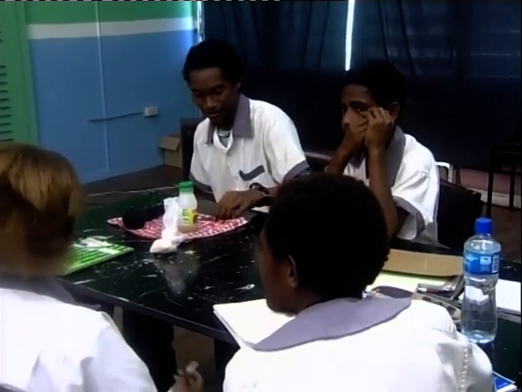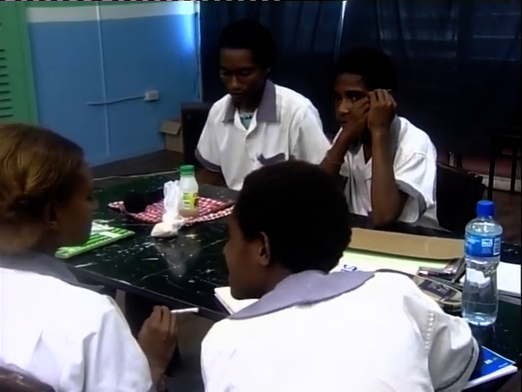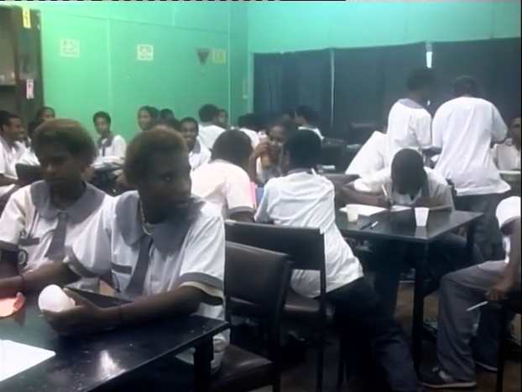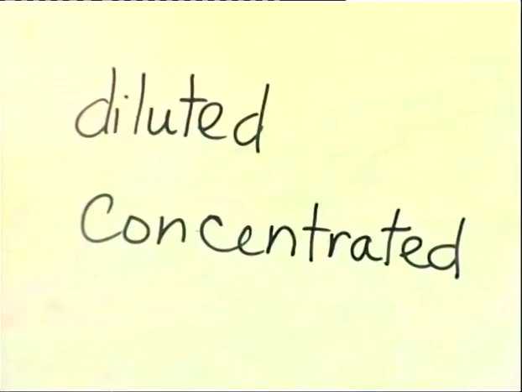All right, good. And two important words that we need to know and learn in today's lesson from the juice that we have made: concentrated and diluted. Can someone give me the meaning, or from the juice that you have made, what do you think about the word diluted and the other word concentrated?